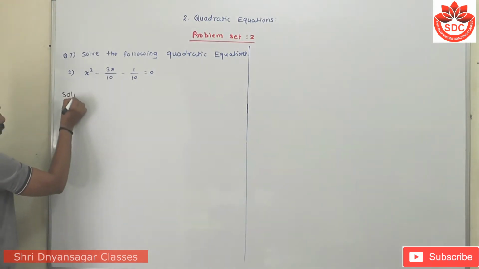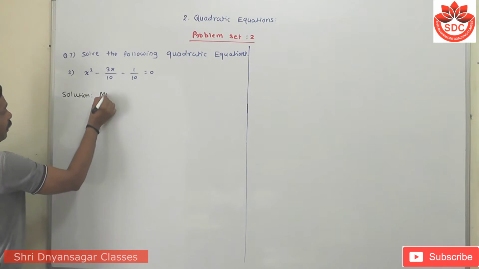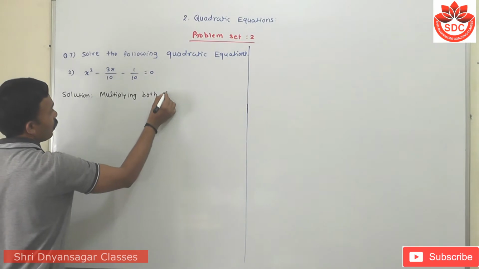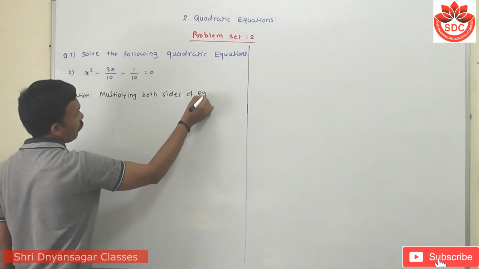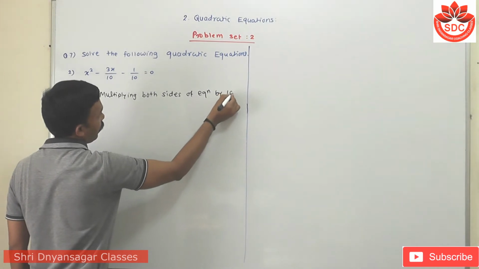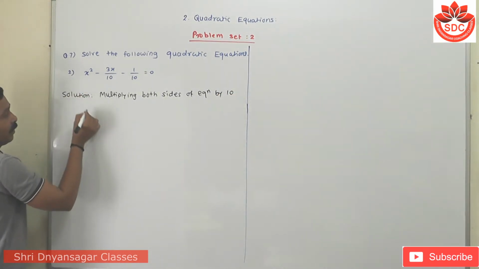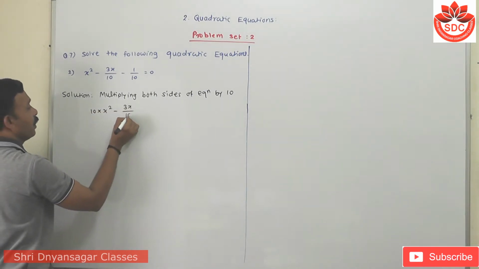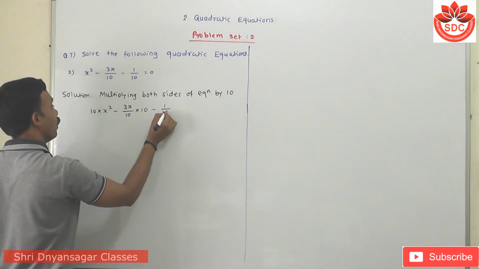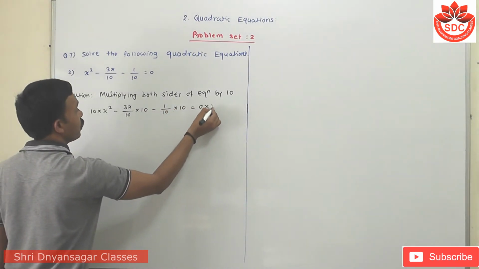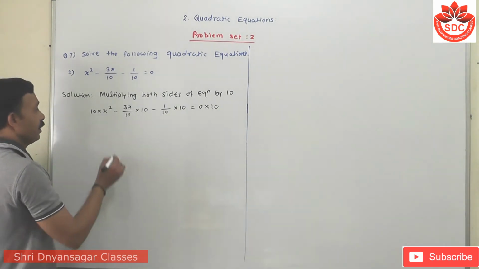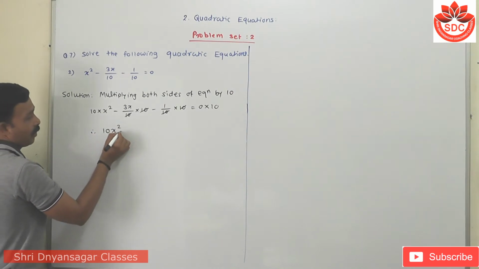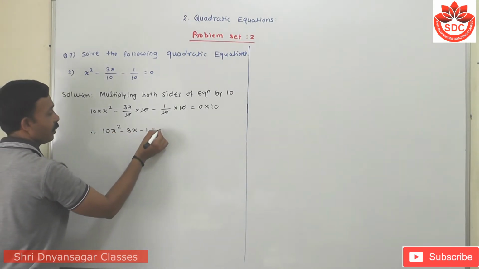So its solution is: multiplying both sides of the equation by 10, we get 10 into x square minus 3x upon 10 into 10 minus 1 upon 10 into 10 is equal to 0 into 10. Then this 10 gets cancelled. Then the remaining is 10x square minus 3x minus 1 is equal to 0.